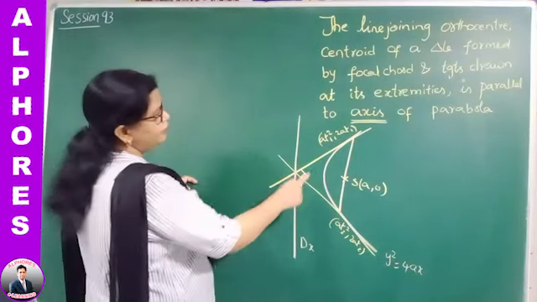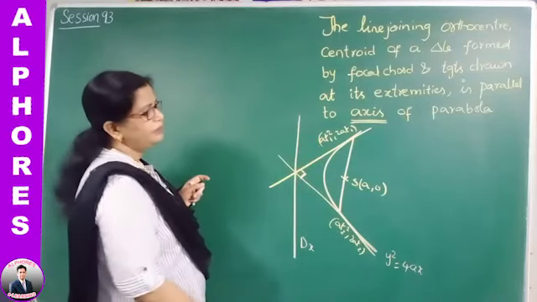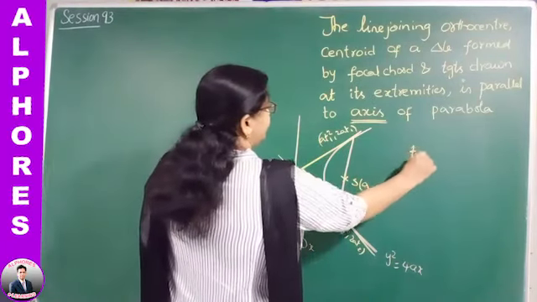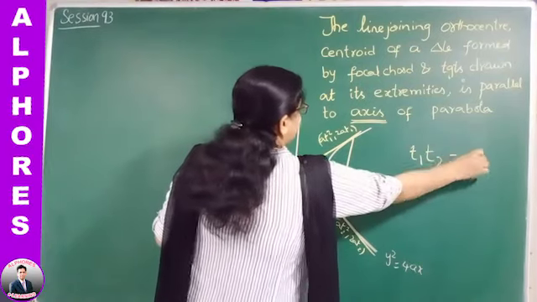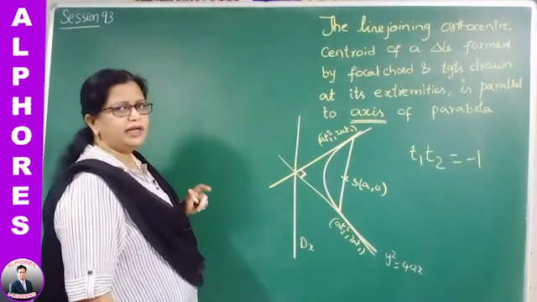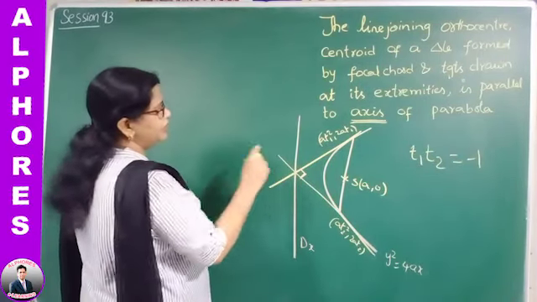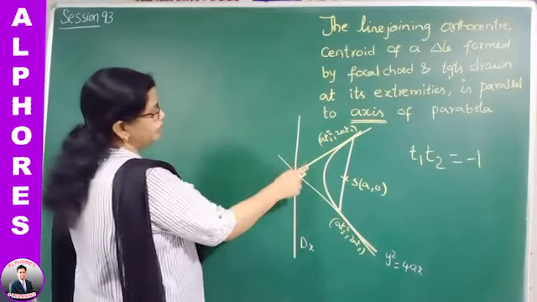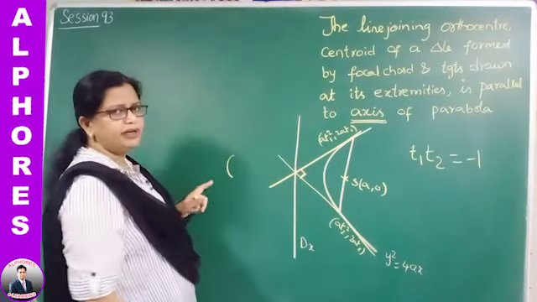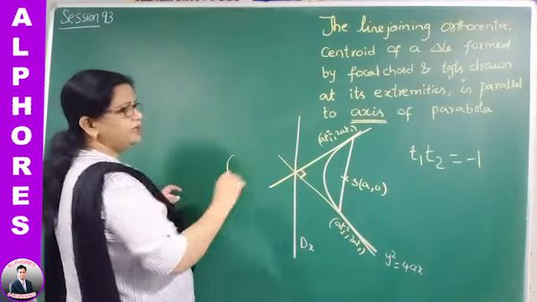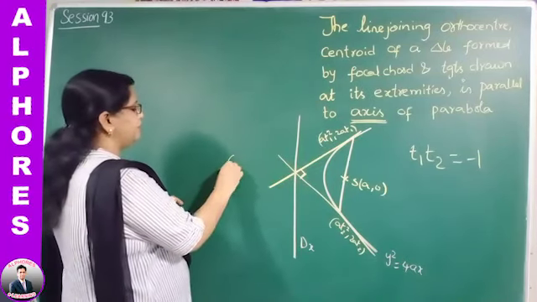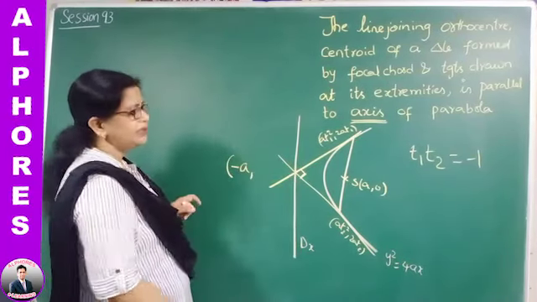Then what is the property if it is a focal chord? The property is nothing but t1 t2 is equal to how much? Minus 1. So keeping that value in mind, what about the point of intersection of the two tangents? It is (a t1 t2, ...), but what is t1 t2 here? It is minus 1, therefore minus a, comma, what is the other value?